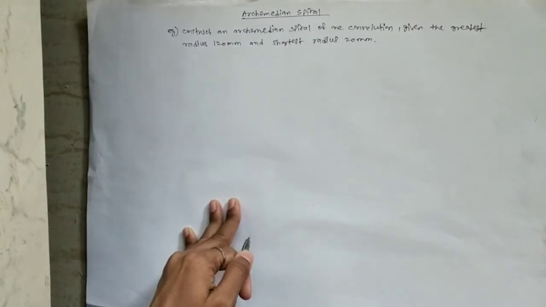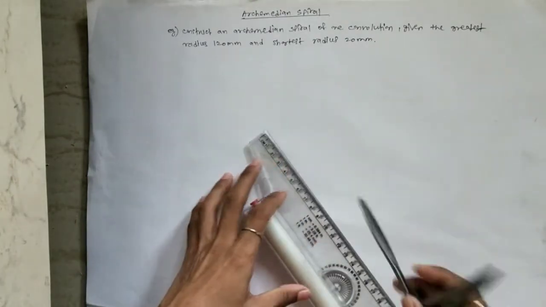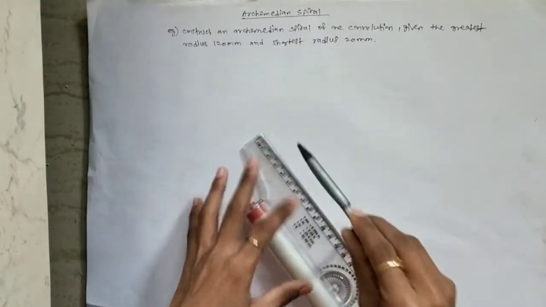20 mm. So first of all take distance as radius 120 mm in rounder and draw a circle.